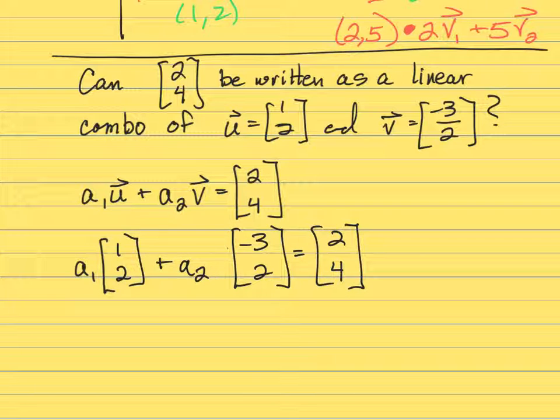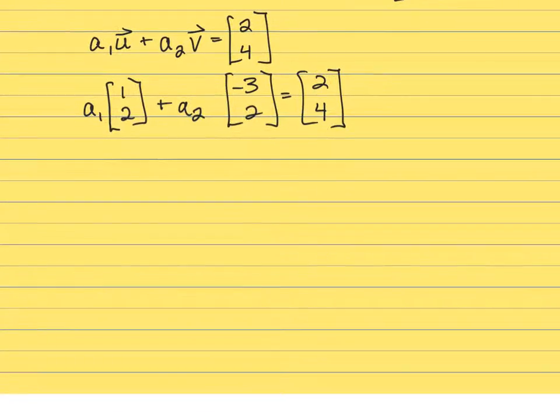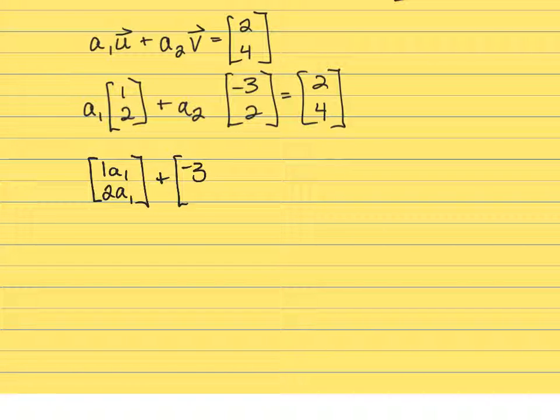I shouldn't have put this little V in there because I actually put the vector in itself. Now, just watch as this goes through, because when you multiply a scalar times a vector, you get this: 1a sub 1, 2a sub 1, plus negative 3a sub 2, 2a sub 2, and that needs to equal 2, 4.